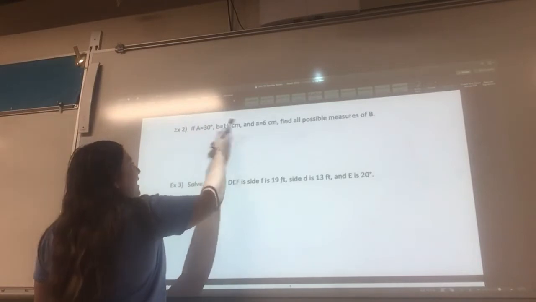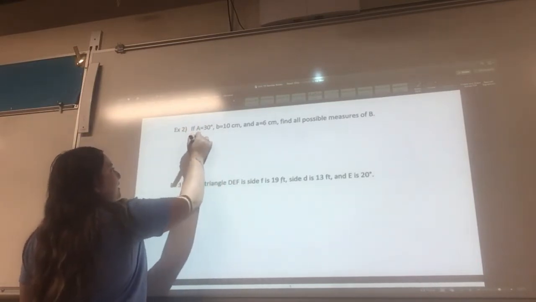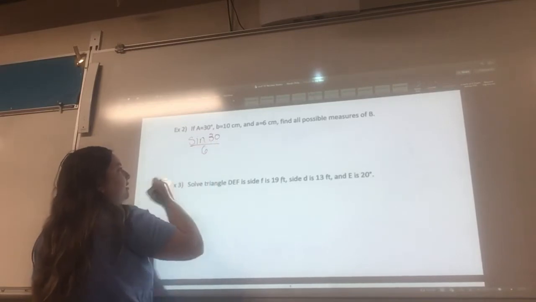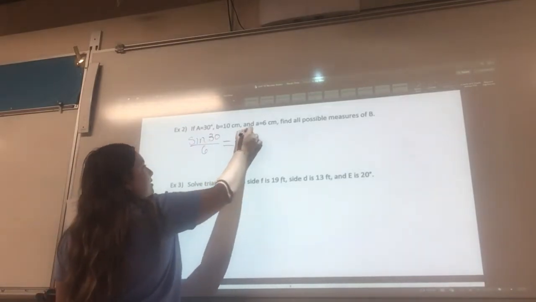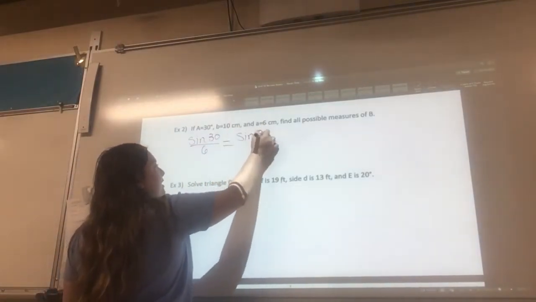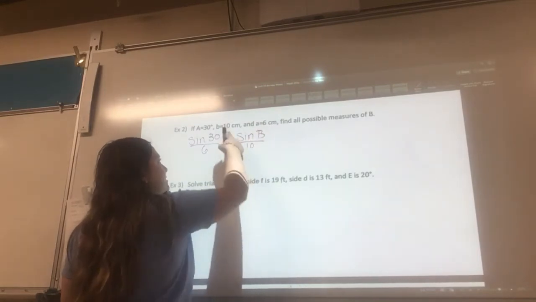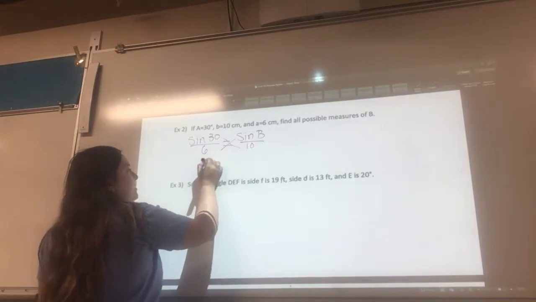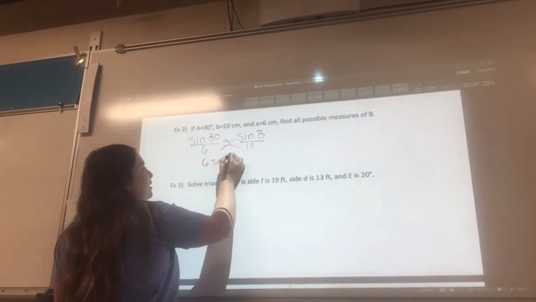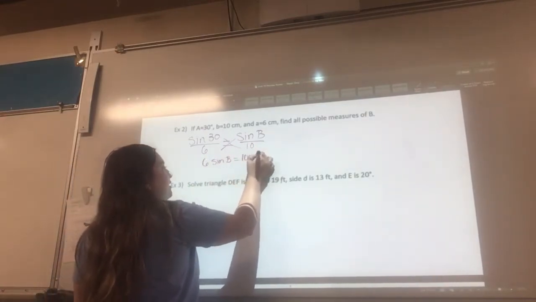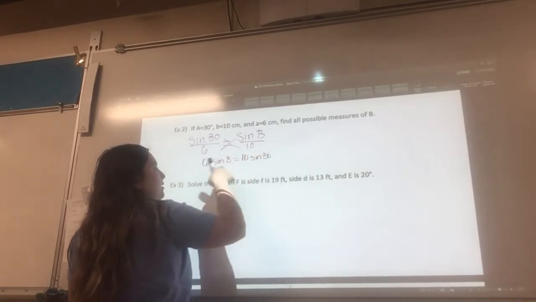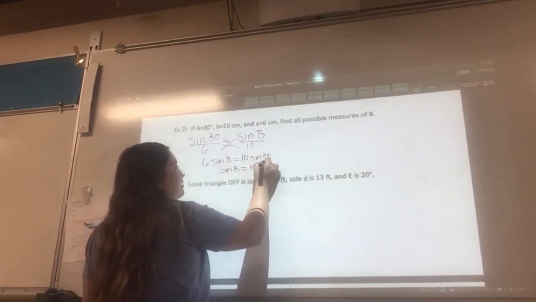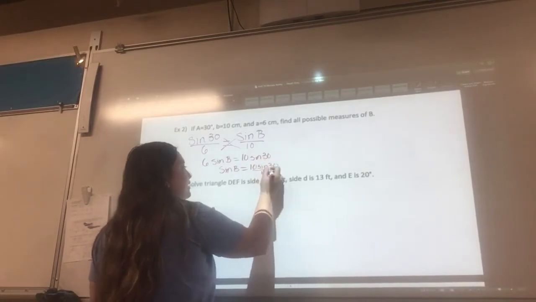So I see that A and A correlate, so we have sine of angle A over side length A has to equal sine of our unknown angle B over 10, since that was our B side. We're going to cross multiply, and we see that 6 sine of B equals 10 sine of 30. We're going to divide by 6, so sine of B equals 10 sine of 30 divided by 6.